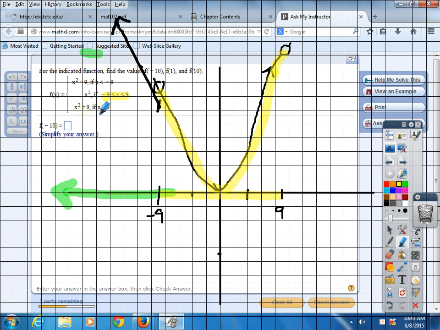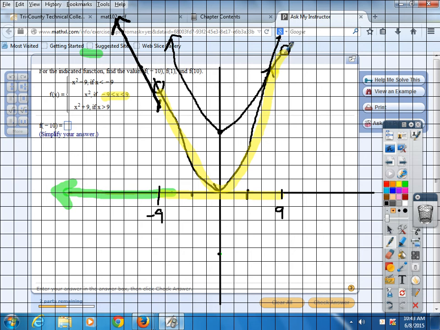Okay, what is this guy? This guy is x squared +9, so that means he's got a vertical shift of what? +9. 2, 4, 6, 8, 9. So this parabola is right here, and it looks like this right here, and this right here.